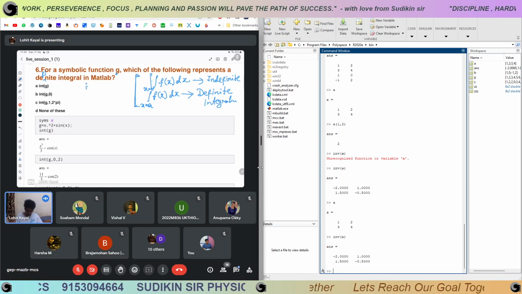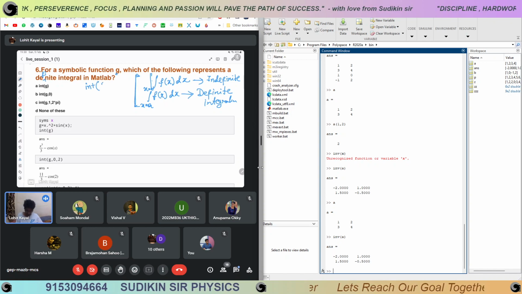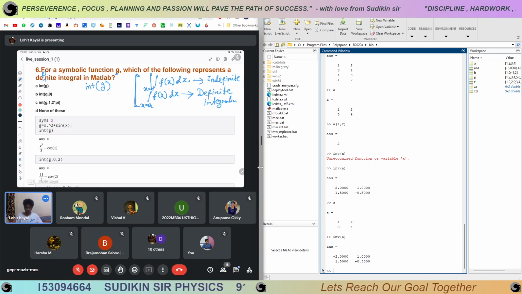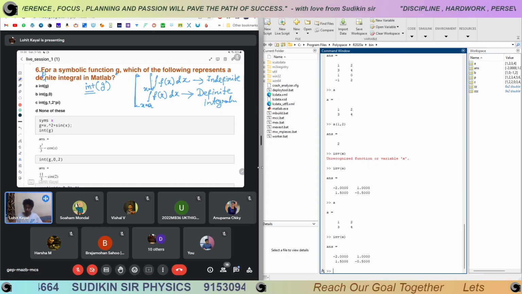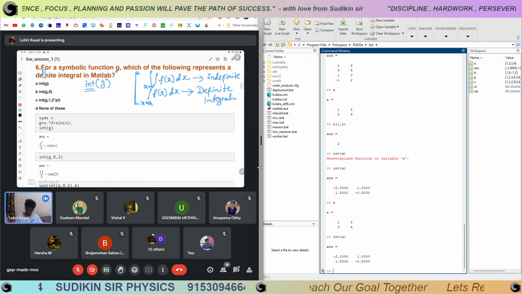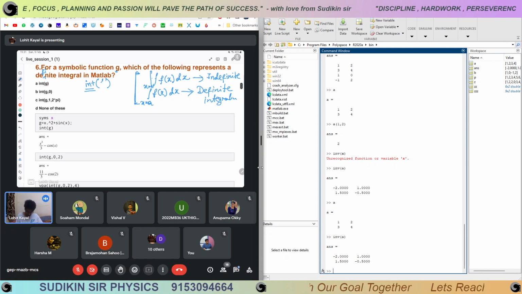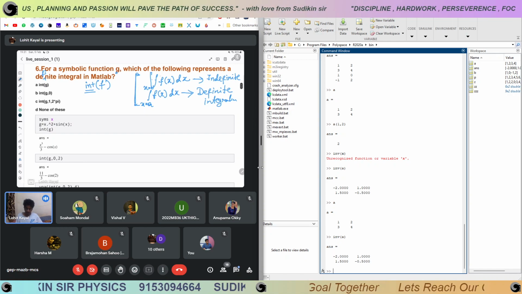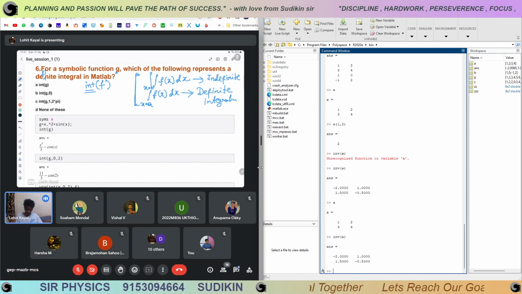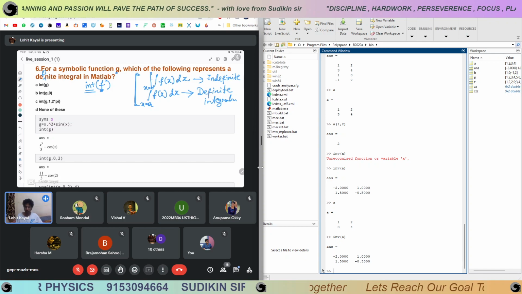In MATLAB, we can write it like this: int of g. Int means this sign, integration. g corresponds to f of x, so let me write f for consistency. Int of f means integration with respect to dx, and we are integrating the function f.